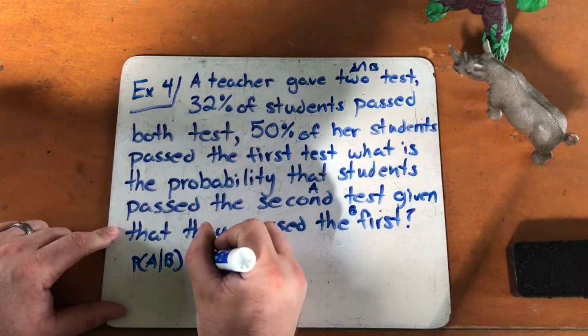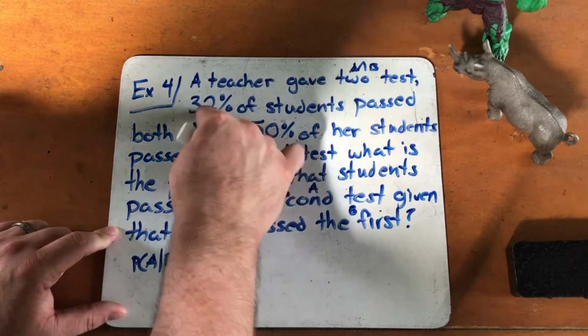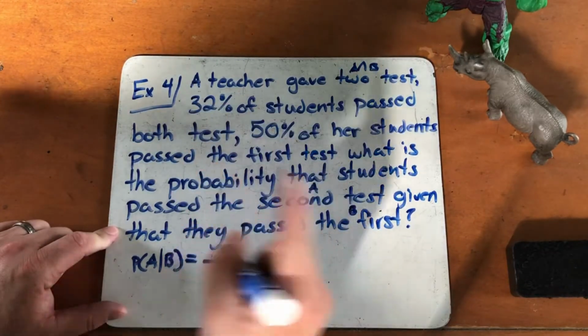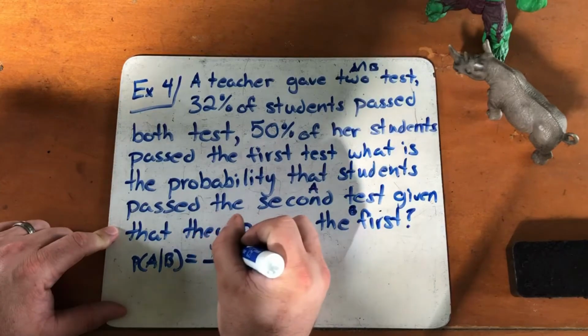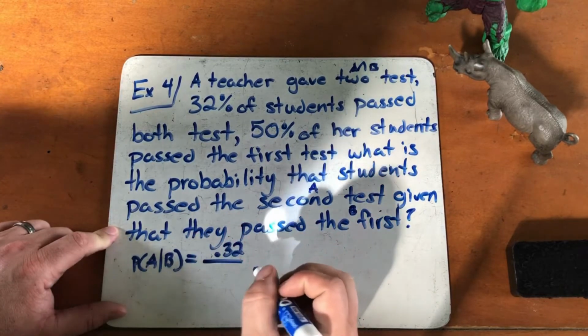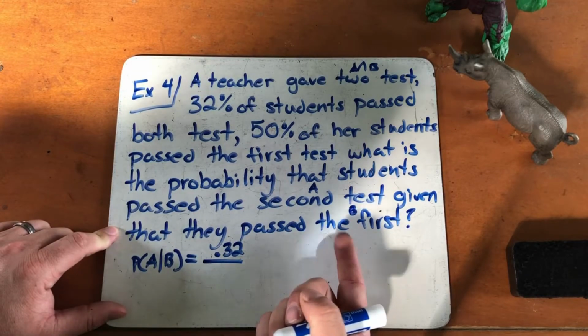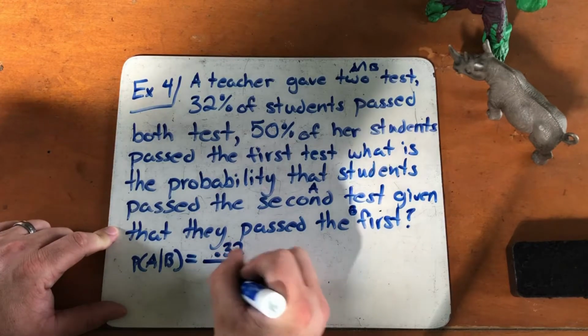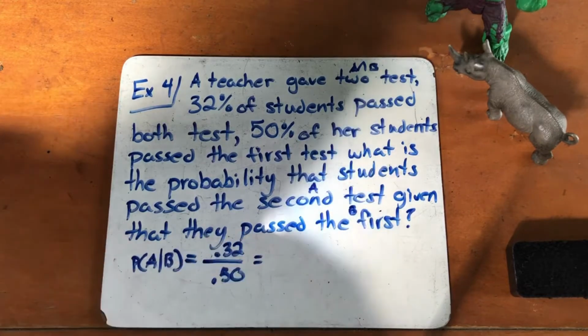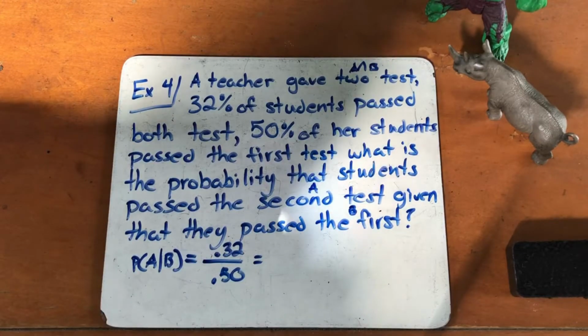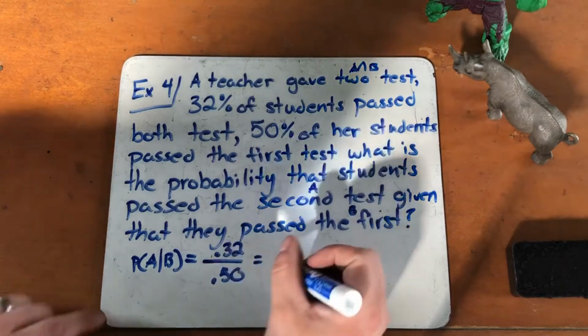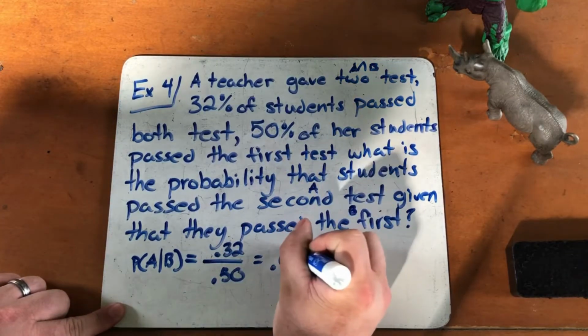So when I set this up, it's important to make sure that I convert my percentages to decimals. So the probability of A and B is 0.32 divided by the probability of B, which is passing the first test, which is 0.50. So when I do 0.32 divided by 0.50, I get approximately 0.64.